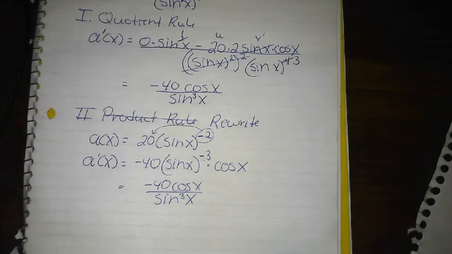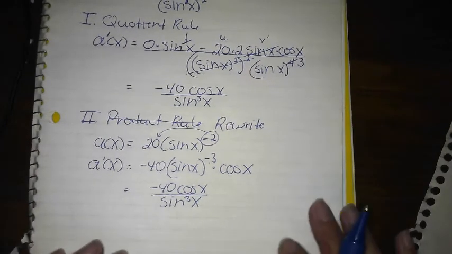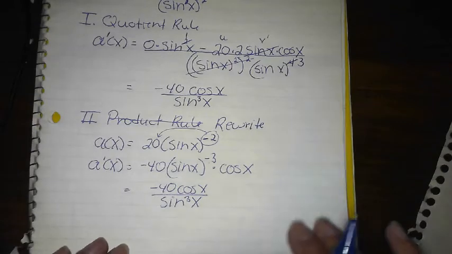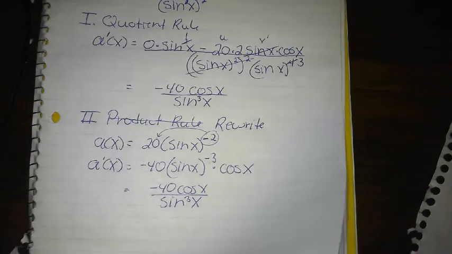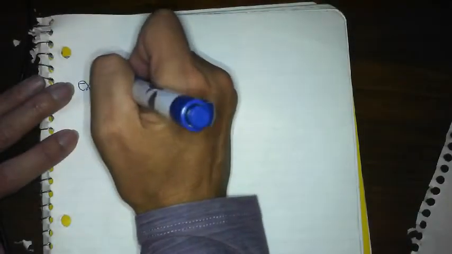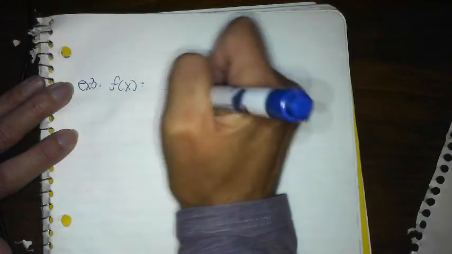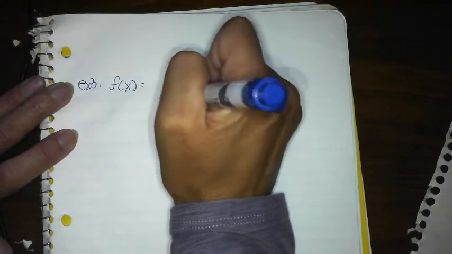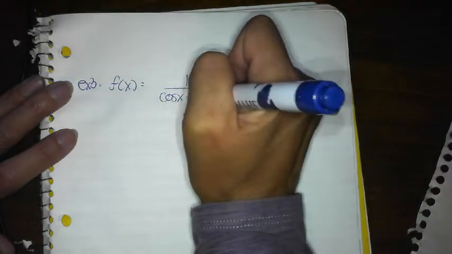Okay, and then this last one just gets tricky. We're not doing it two ways, but it gets tricky in that there's a product rule inside of a quotient rule, which just is fun. Here we go. Number 3. Let's go f of x equals 1 over cosine x times sine x.